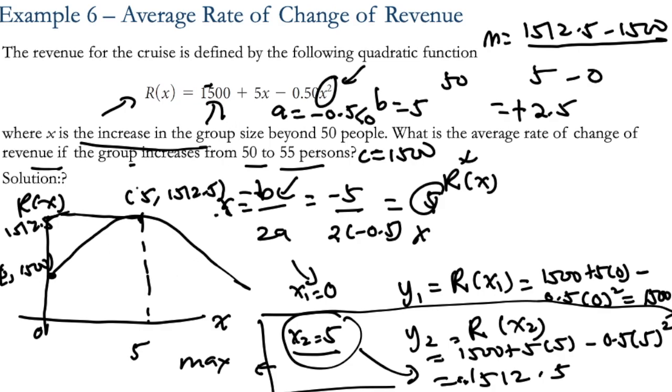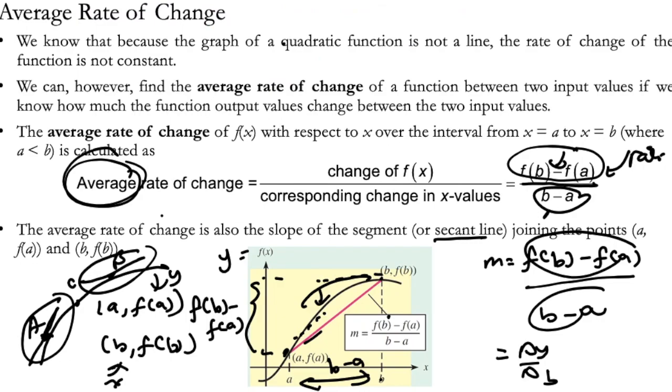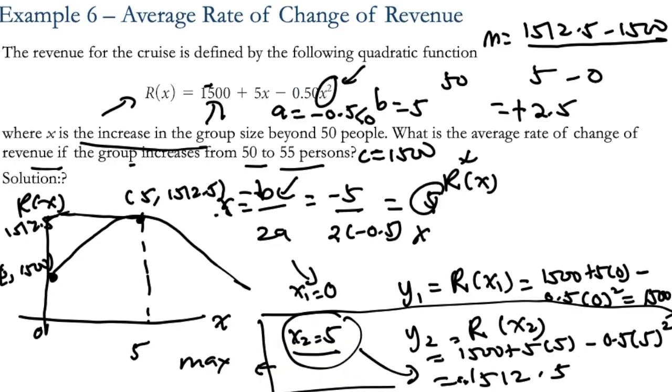But because the question is asking you about the average rate of change, if you refer back to this one, it is the calculation of the slope of the second line. The second line is the straight line that joins the two points, the first point here and the second point here.